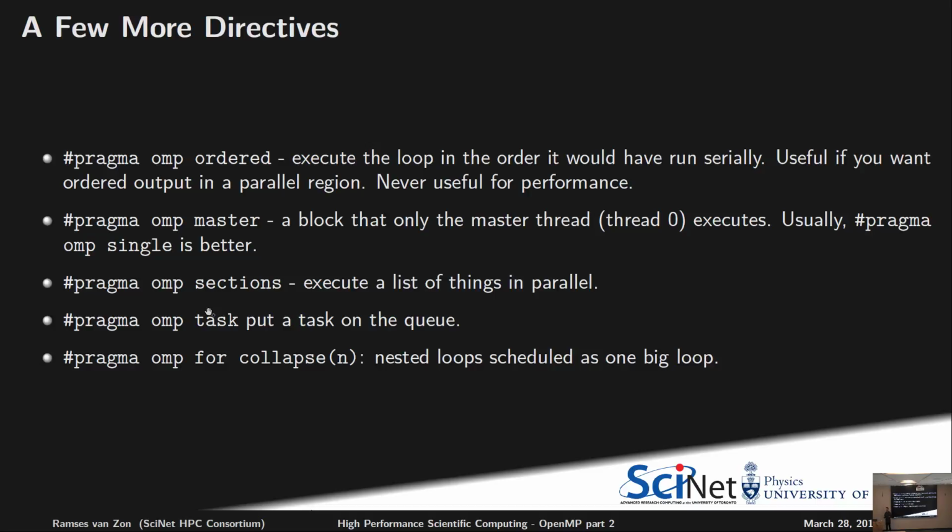So rather than a loop being converted into a bunch of tasks, you just say, here's a task, here's another task, here's another task. Put it on the queue. Wait until there's a thread ready to run it, then run it, and so this is almost doing it by hand again. So if you don't have to use it, don't. But if you need to, I don't know, traverse a binary tree, and there's no loop, you're just following pointers. Doing this kind of stuff can help.